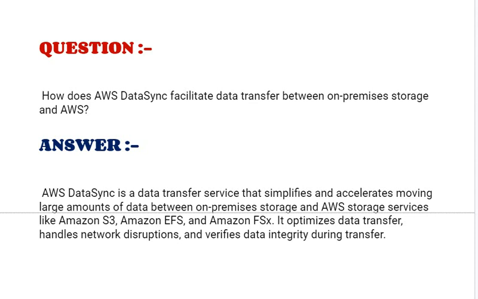Your answer should be: AWS DataSync is a data transfer service that simplifies and accelerates moving large amounts of data between on-premises storage and AWS storage services like Amazon S3, Amazon EFS, and Amazon FSx. It optimizes data transfer, handles data disruptions, and verifies data integrity during transfer.